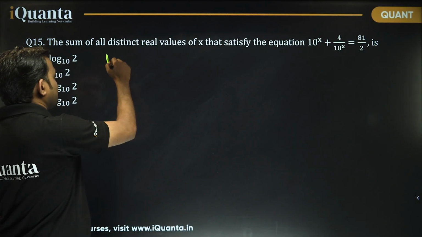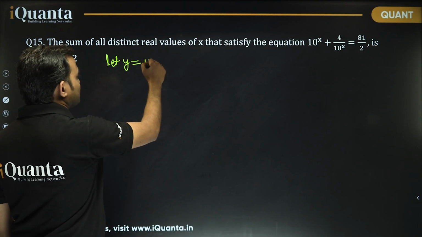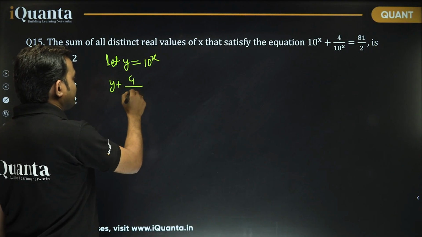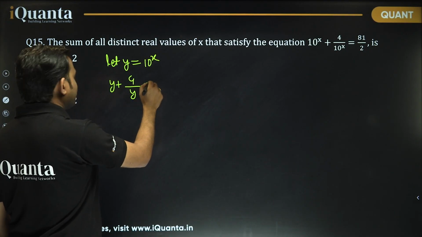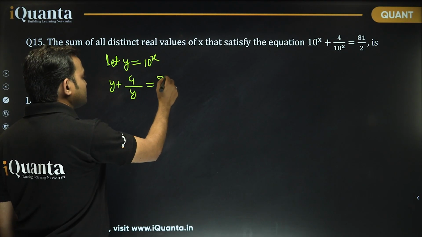So let y is equal to 10 to the power x, right? So equation will be y plus 4 upon y is equal to 81 upon 2.